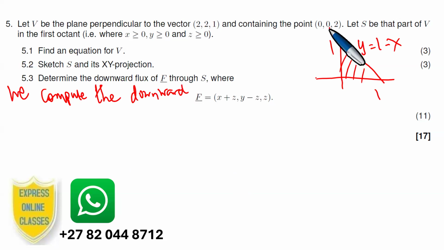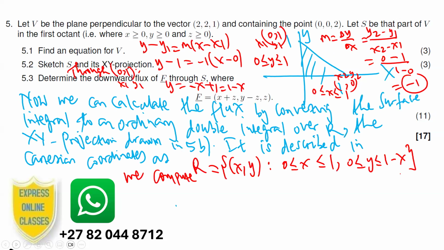I think you wrote, for the region concerning the y interval, you said 0 is less than y, and y is less than 1 minus x squared instead of x. Where? There, where you said 0 is less than y is less than 1 minus x squared.